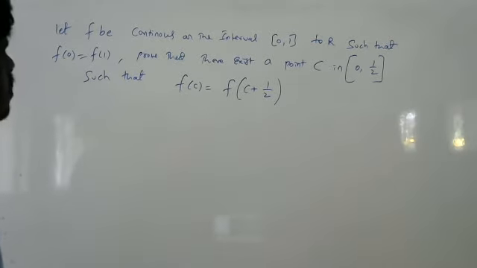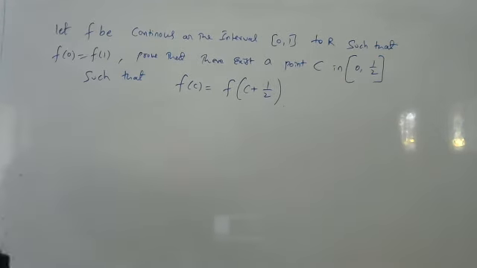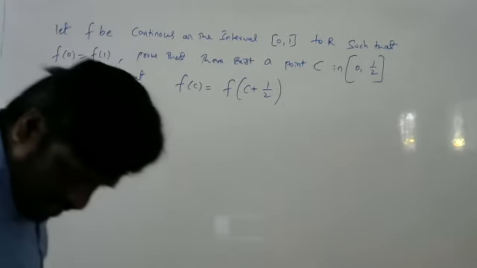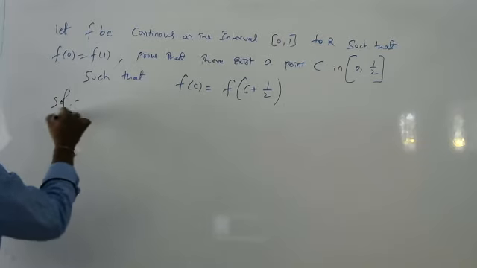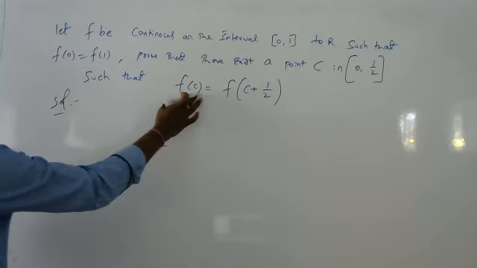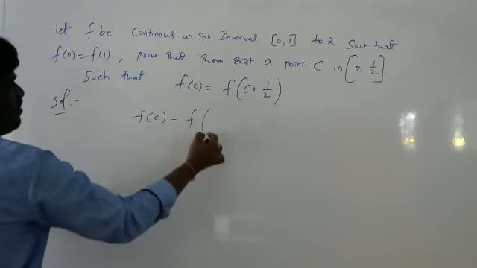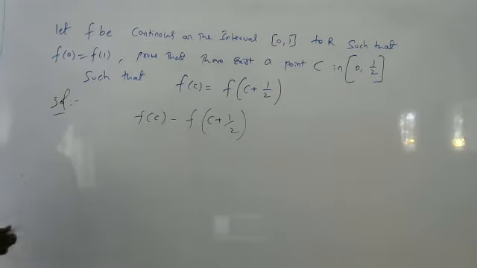See here, it's a very simple and easy question. You need to understand this properly. Here f of c is given. I have to write f of c minus f of c plus half, sending this side minus.